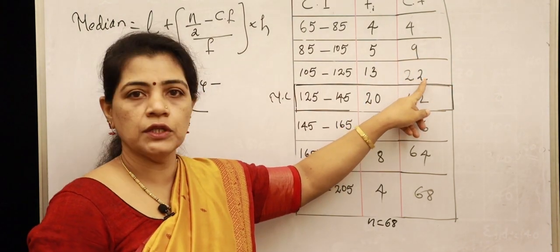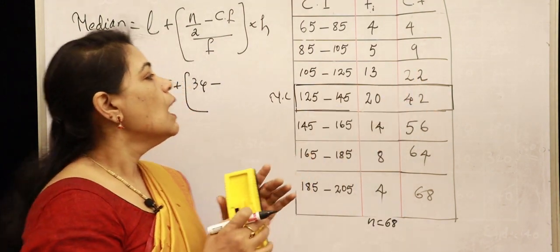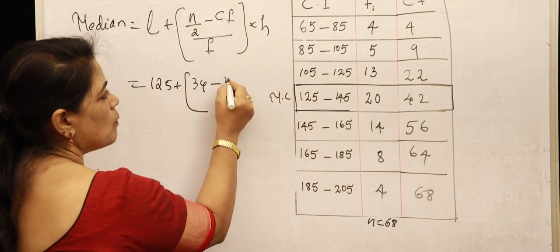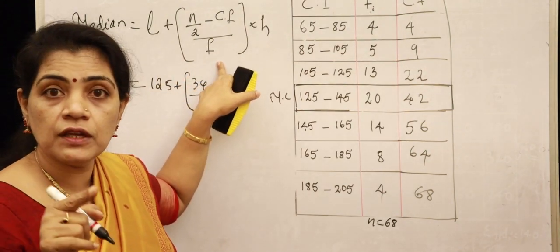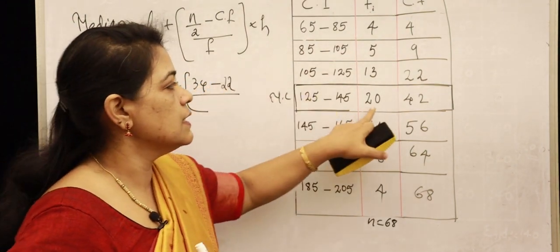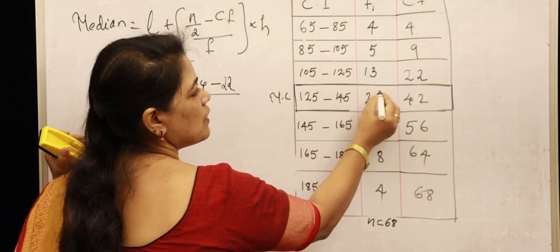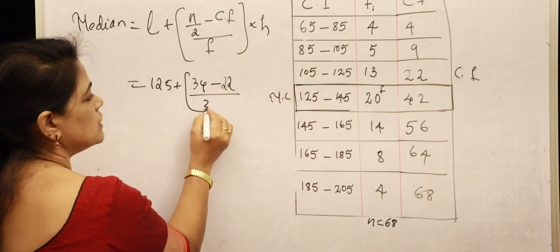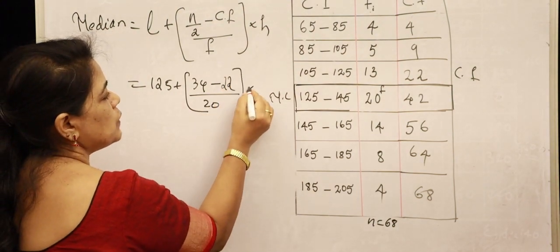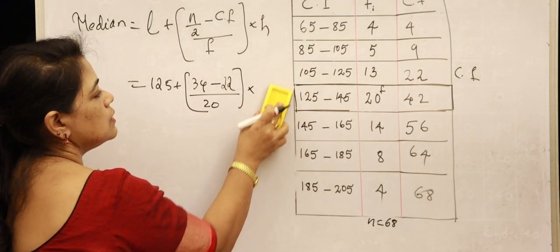That means 22 in this problem, divided by small letter f, which is nothing but the frequency of the median class, that is 20. This is f, this is CF, into h, which here is again 20.